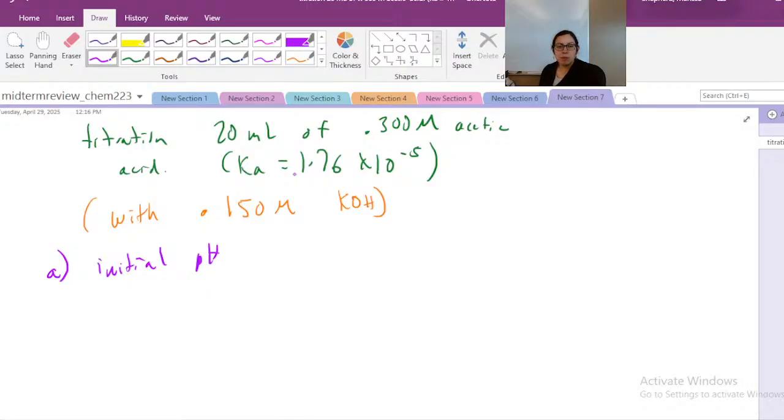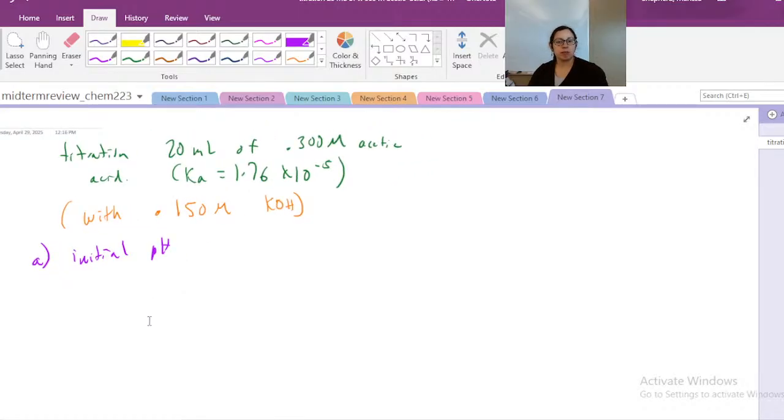You could do the pKa, but what are you trying to do? Because you're going to need to use a RICE table for the first one, right? You're doing RICE tables, so it's really different.